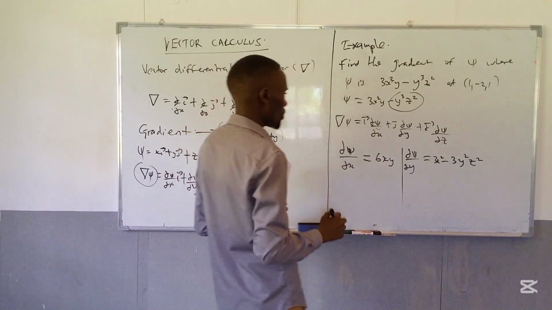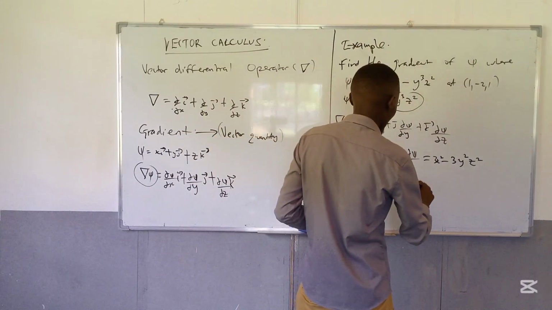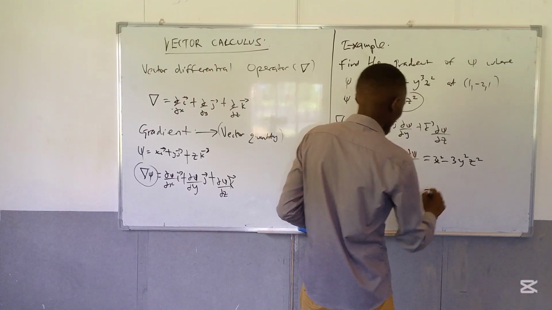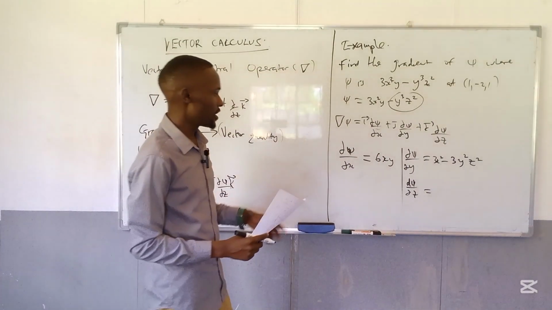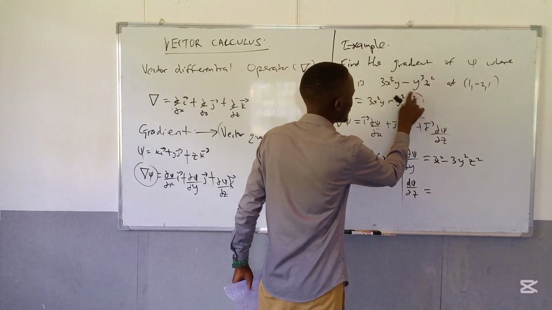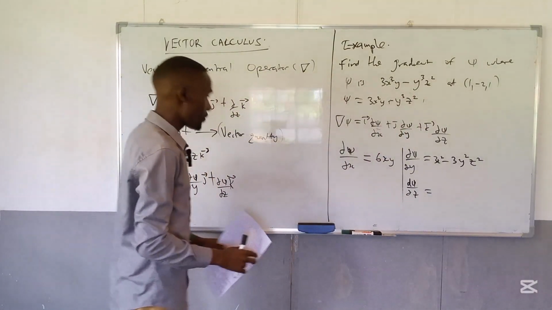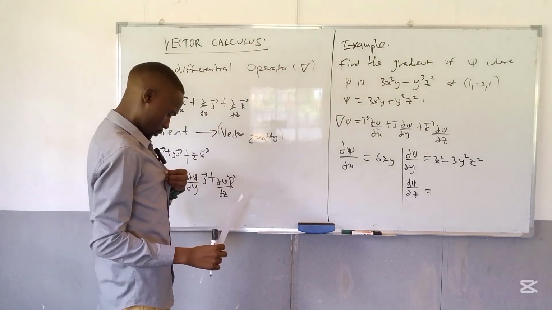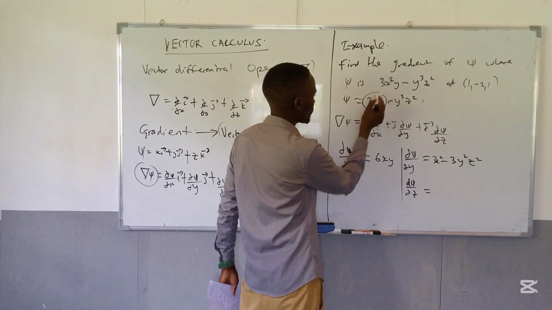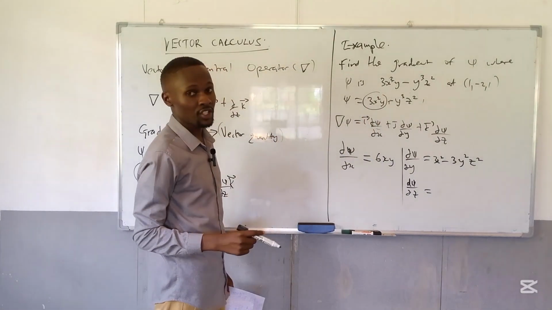Then we go on and look for the dphi over dz. Now here we shall be considering the z values. This first part we shall consider as a constant.